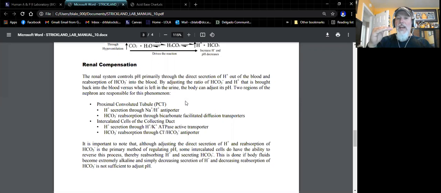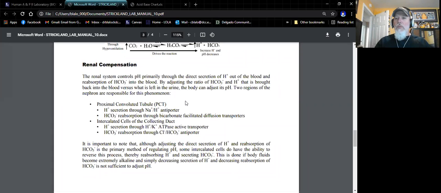Now, if pH is down, then yes, I want to lose that hydrogen and I want to resorb that bicarbonate. Because by losing the hydrogen, that's going to help pH go up. And by resorbing that bicarbonate, it's going to help pH go up. So to bring pH down, we're basically just going to turn everything off.